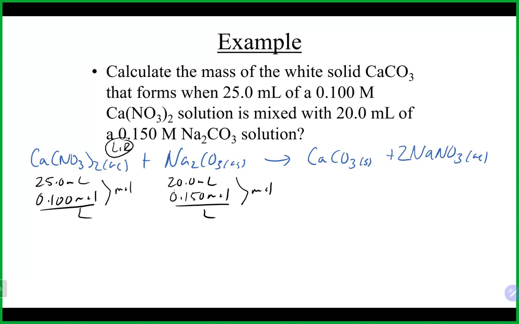And a reminder that it is a calculation. You can't just choose the smallest, right? You actually have to do it based off of some type of calculation to determine which one's the limiting reagent. So we need to get our moles of each of our starting reactants. Once again, we do need to convert to liters. So our moles of calcium nitrate will involve 0.025 liters.